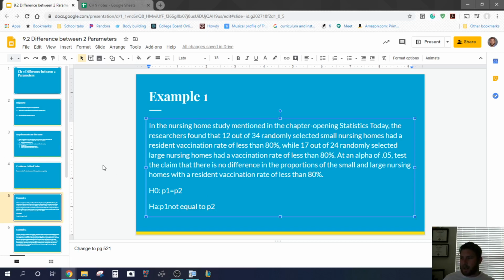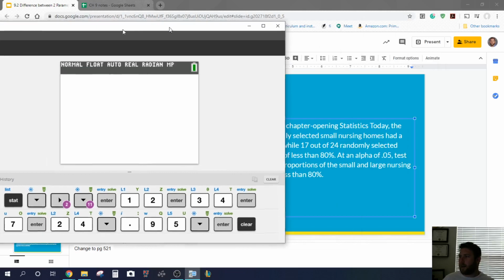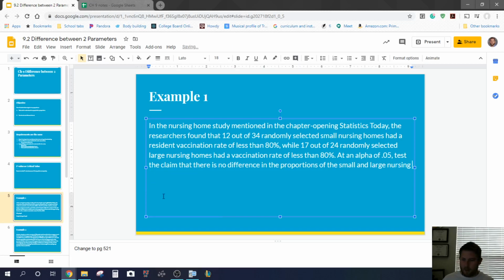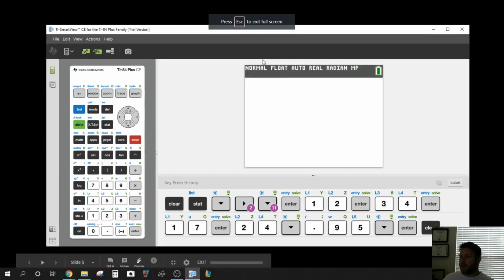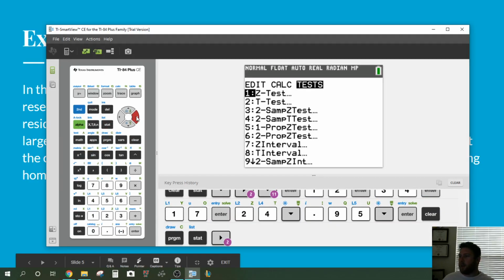All right, that being said, my alpha is 0.05. We know we're doing a 2 proportion test. So I go to tests, statistics, tests, 2 proportion test.